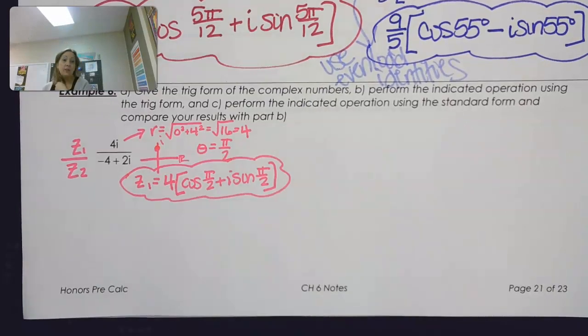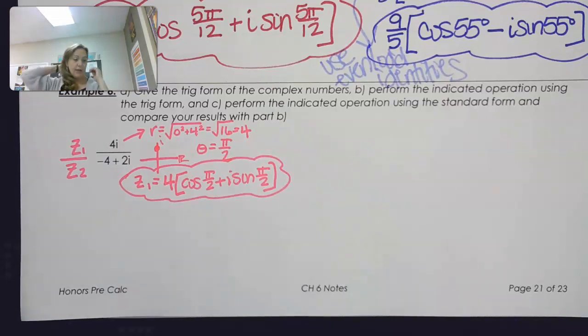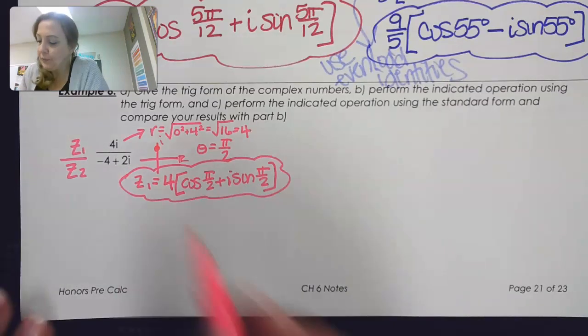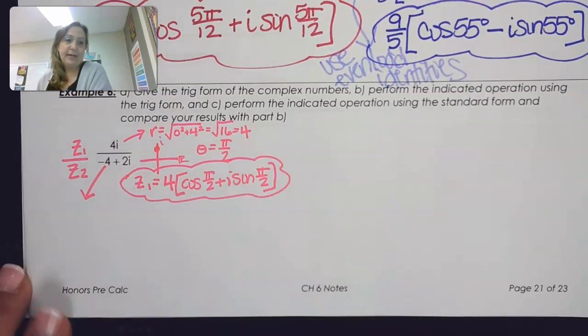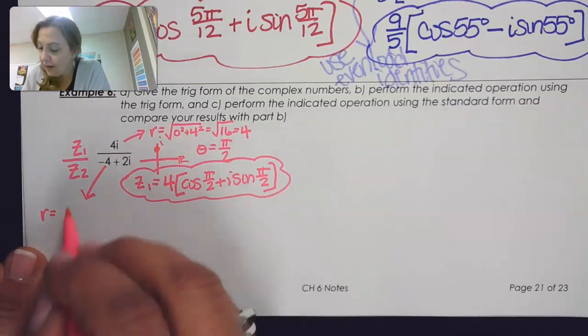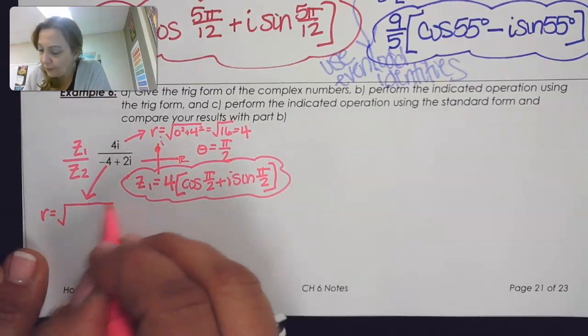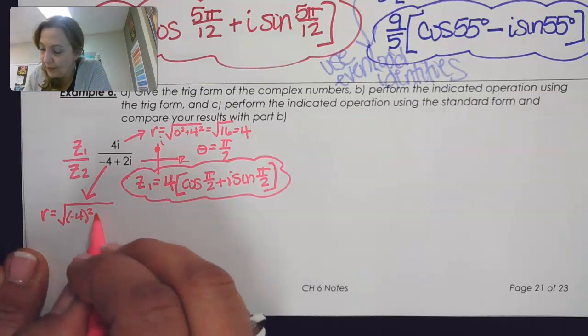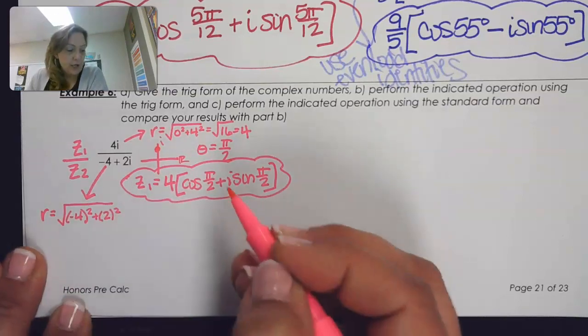Okay, but there are 2 complex numbers that are being involved in this. We have Z1 and we have Z2. So now let's deal with Z2 down here. First, let's find what our r is. Our r is going to be the square root of -4 squared plus 2 squared.